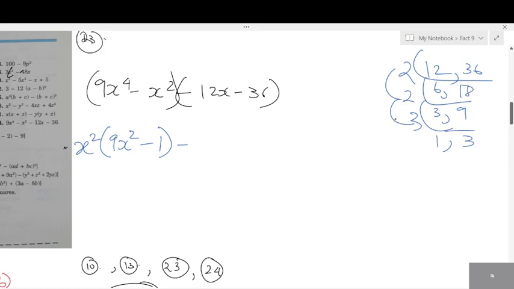Isn't it 12? Are we getting 12 here? x plus 3. You get x plus 3. Fine, nothing common.